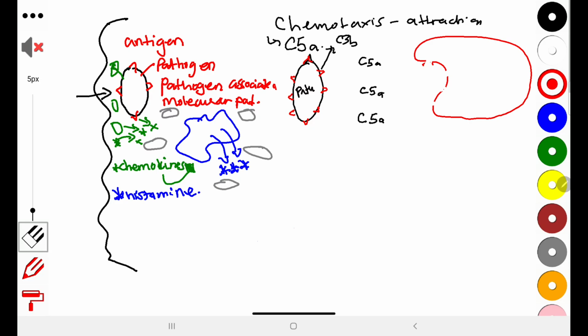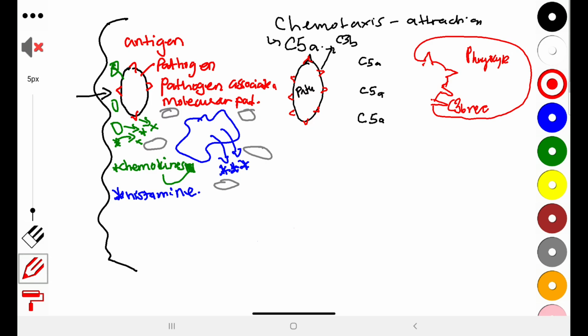All right, let's see if we can draw them. These C3b proteins found on the surface of the pathogen are able to bind to the C3b receptors on the phagocyte. So let us start.